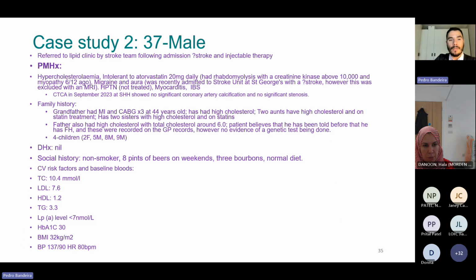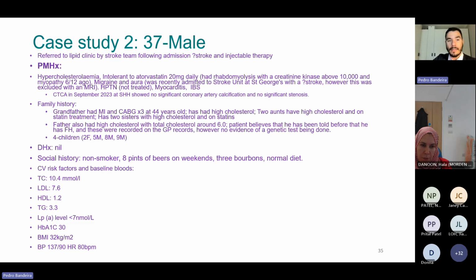When he was discharged from secondary care, it was thought he had possibly had a migraine with aura rather than a stroke, and this was excluded with an MRI. However, I noticed on screening this patient's history that he also had untreated high blood pressure, a history of myocarditis and IBS.